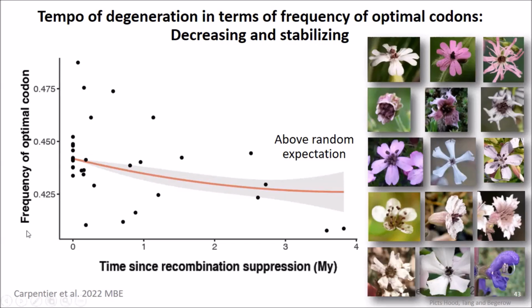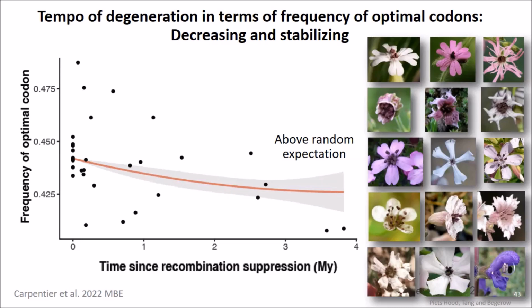And so first we looked at the frequency of optimal codons. So you know that some codons are better, are more efficient, even if the genetic code is redundant. Some codons are more efficient because maybe the tRNAs are more abundant or any other reason.